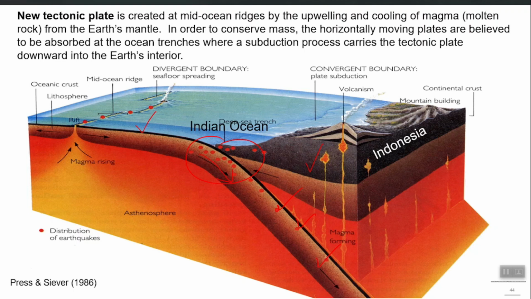Sometimes the plate can get stuck at the bottom and then release, resulting in an earthquake. Sometimes it can get stuck close to the top, right. So if we see the seismogenic depths of historical earthquakes in a subduction zone, we will find a pattern that follows that subduction plane, right.